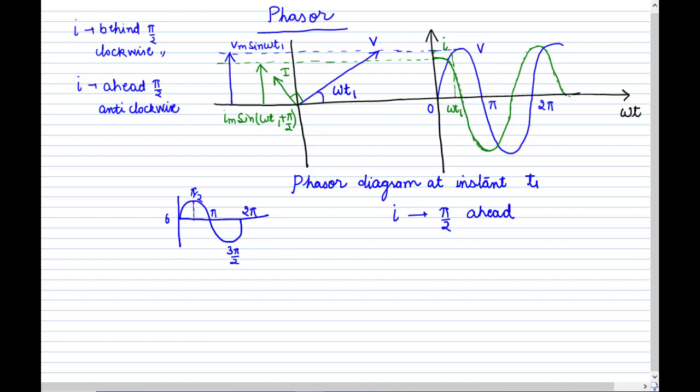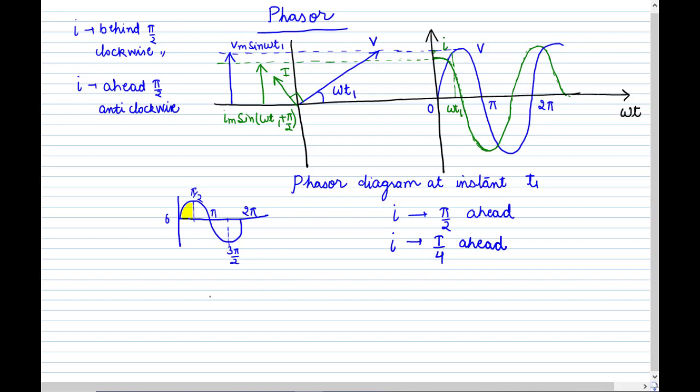So what we need is pi by 2. If it is pi by 2 ahead, that means from the complete cycle it is 1 by 4. So we can say that in the time period, I is ahead by T by 4 from the voltage V. That is how we connect the phase and the time period.